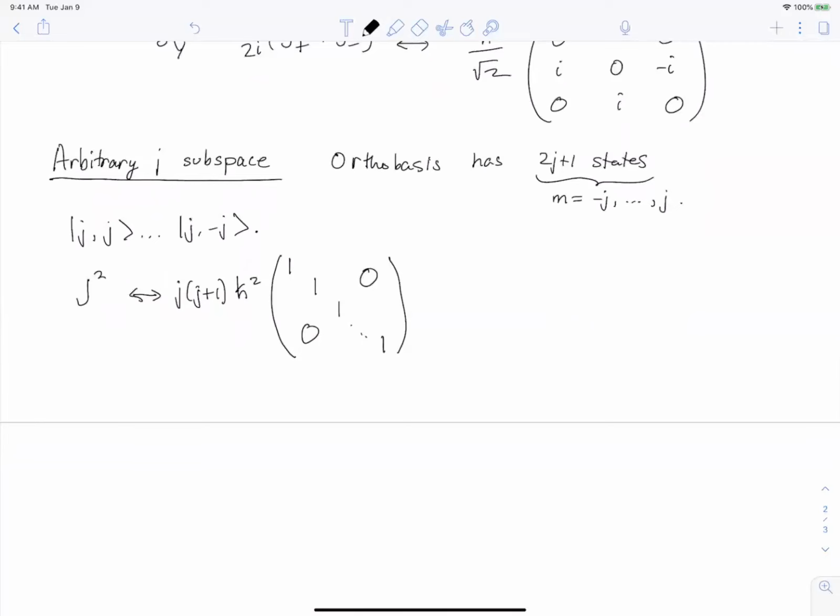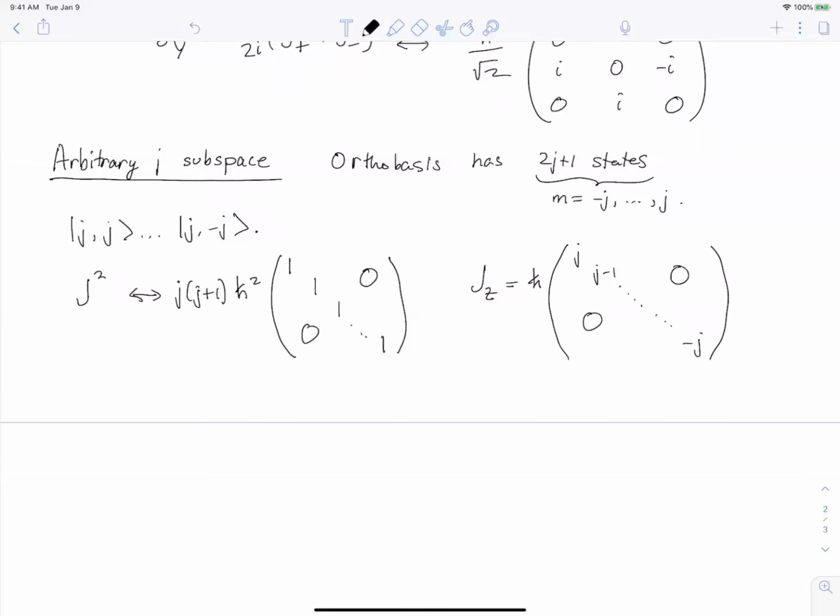Okay, and j sub z is h bar, and now on the diagonal, we just put down the eigenvalues, which are j, j minus 1, all the way down to minus j. And again, these are diagonal matrices, so there's zeros everywhere off the diagonal.